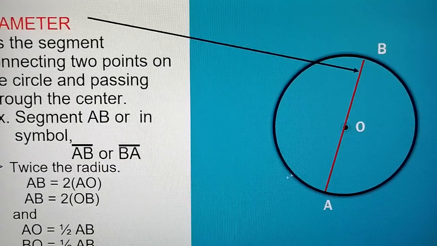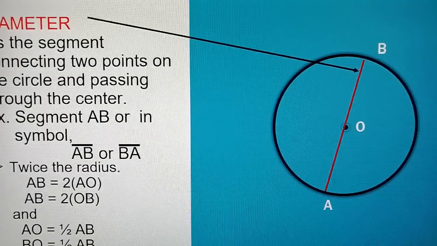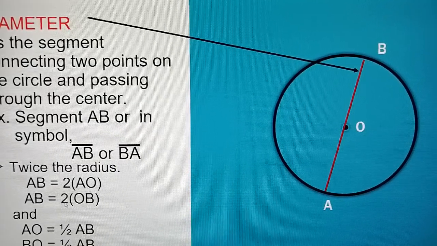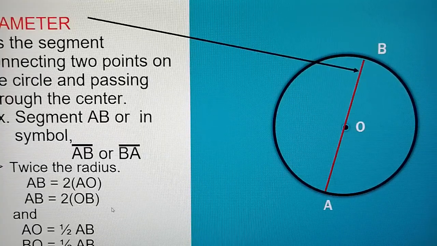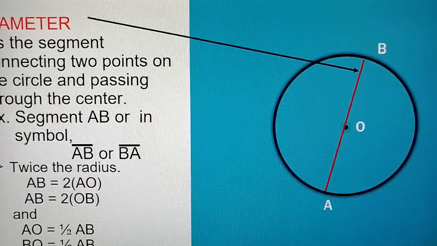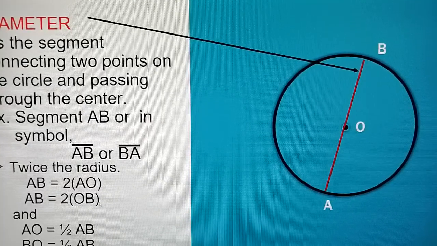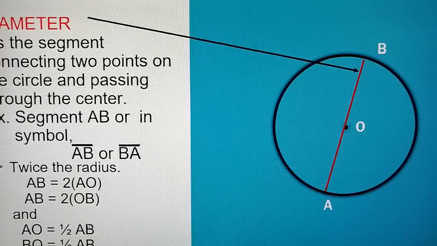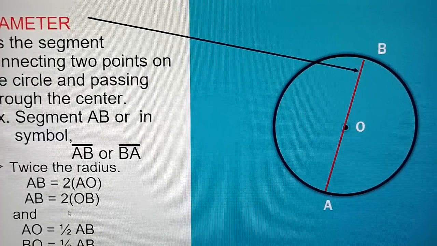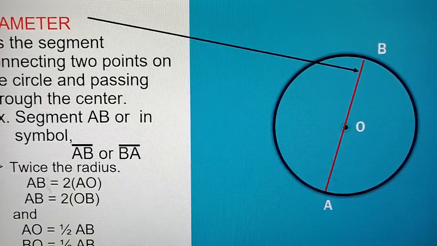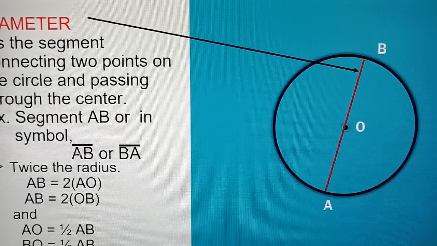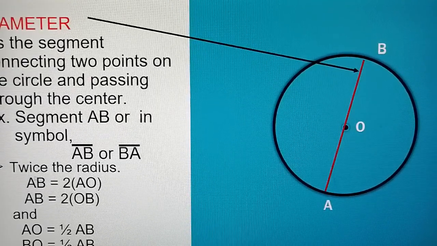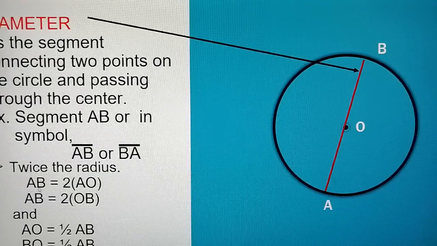What is AO? AO is the measure of the radius. Or AB is equal to 2 OB. Or we say the radius is half of the diameter. That's why we have here AO is equal to 1/2 AB. So again, let me clarify: if there's no symbol for line segment, we mean the distance or the measure.